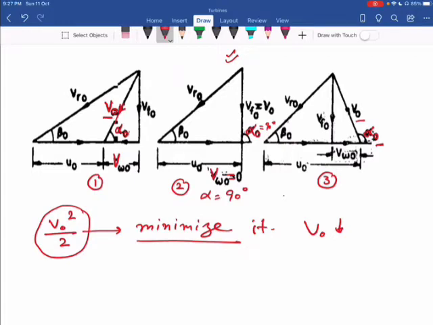Okay. So you can say it is desired to keep this value to a minimum. So from the outlet velocity triangle, it can be observed that the velocity VO will be minimum when angle alpha O is equal to 90 degree. Okay. So in that case, VO coincides with VFO. You can see here VO coincides with VFO.